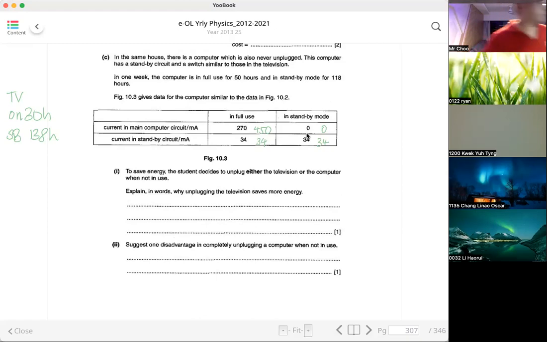How about the rest of you? Okay, Yiting, your answer makes sense.